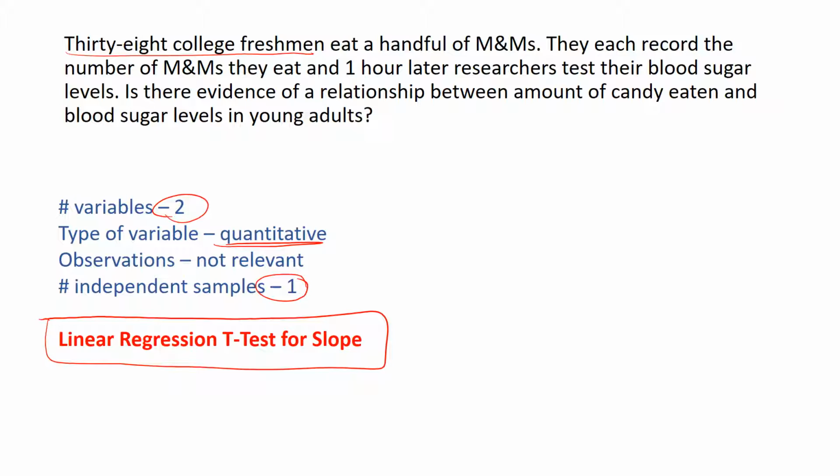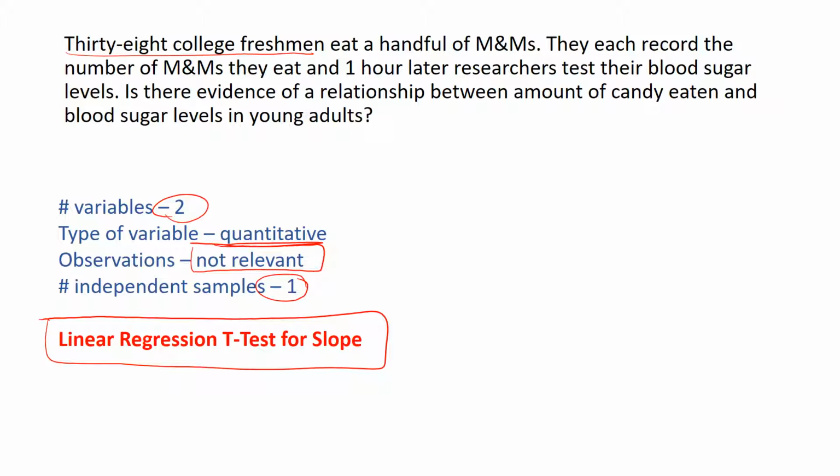There were 38 college freshmen. Whenever we have 2 variables, we'll never have more than 1 sample in AP statistics. The type of observations is not relevant. In this particular case, each of the variables is a single number, but we could just as easily have looked at the blood sugar level before eating the M&Ms and after 1 hour later, and looked at the difference in those blood sugar levels and compared that, or made a scatter plot of that versus the number of M&Ms eaten.